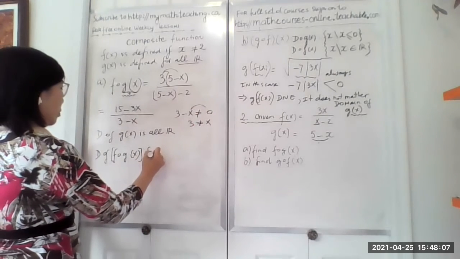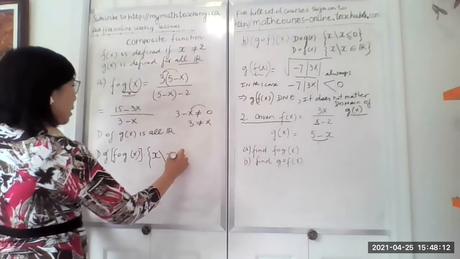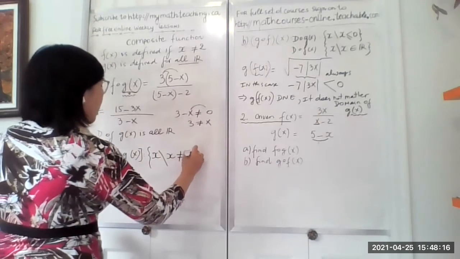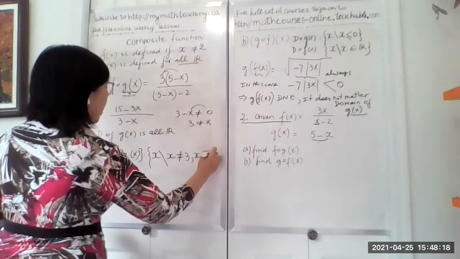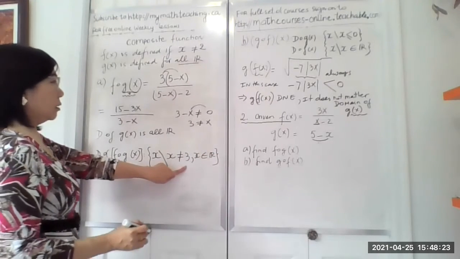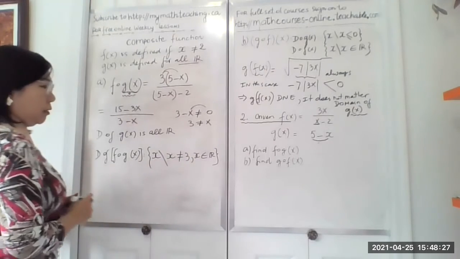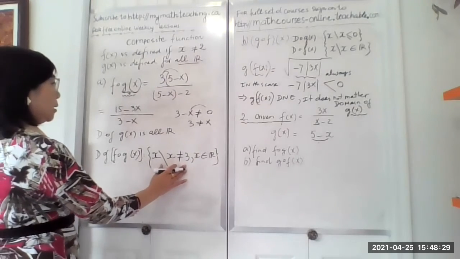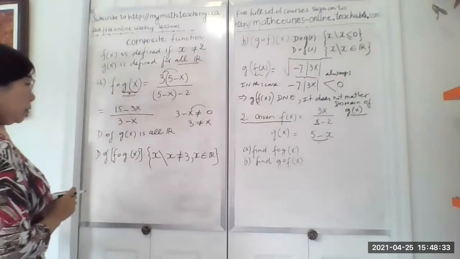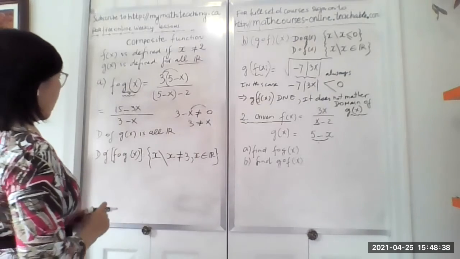So the domain of this is the set of x such that x has to be different from 3, and x belongs to the real numbers. Except for 3, x can be any number, but cannot be 3. That's the domain of our new composite function. So that is done for question A.